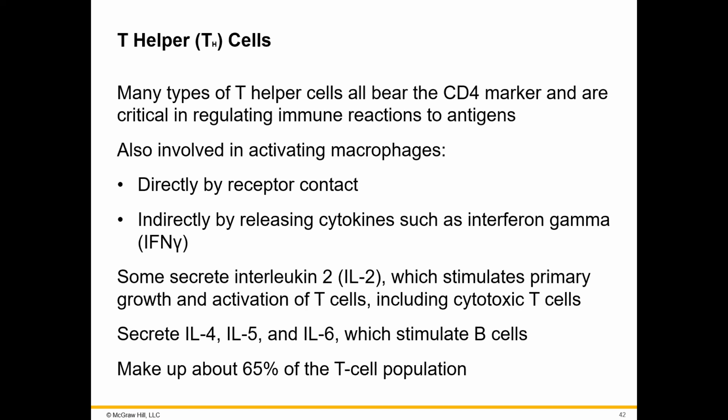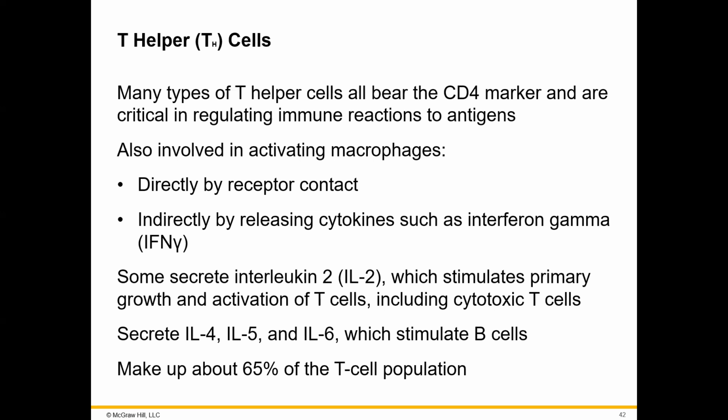Now, looking at the T helper cells in a little more detail, the first thing to notice is the central role of a kind of T cell called the helper cell. This is the first thing in the response of T cells. There are many different kinds of T helper cells, and they all have the CD4 marker on their surfaces.